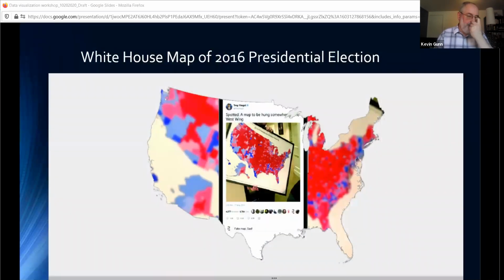You're all no doubt familiar with the map of the 2016 presidential election that made the news way back when. That particular map gave the perception that Republicans had won most of the country. But what it actually does is conflate geography with people.